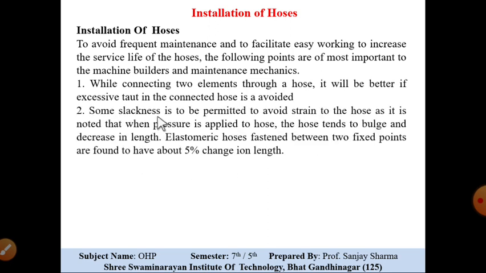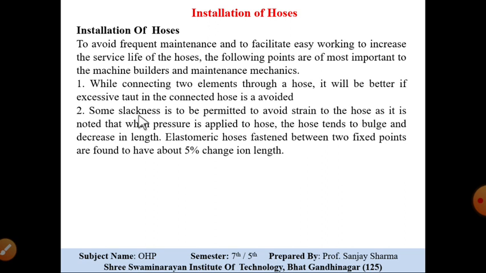Second point is, some slackness is to be permitted to avoid strain to the hose, as it is noted that when pressure is applied, the hose tends to bulge and decrease in length. What does this actually mean? While we are assembling or fitting the hose pipe, there should be some slackness. Slackness means looseness, the hose pipe should not be stretched end to end.